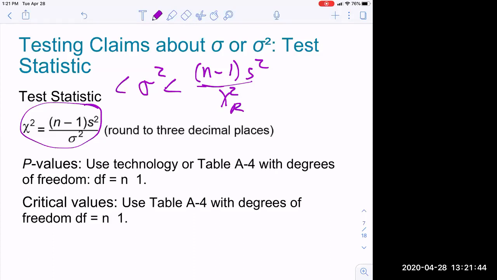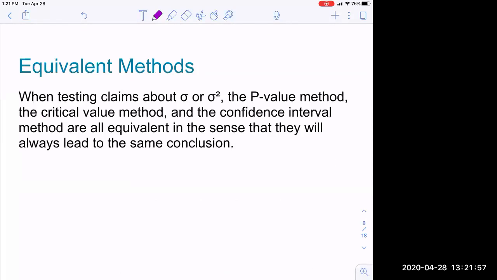But notice with a little bit of algebra, they moved the chi-squared up, sigma down. That's our test statistic. That's the formula we're going to use. Since these are all the same, I'll do the critical value method just like we did for proportion and for mean.